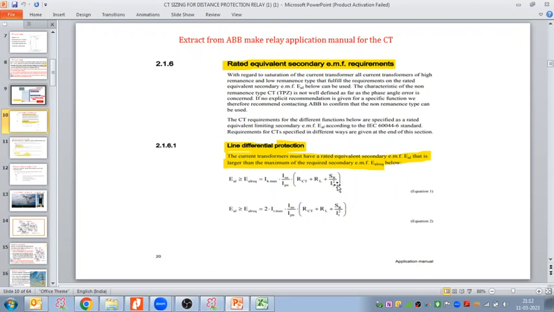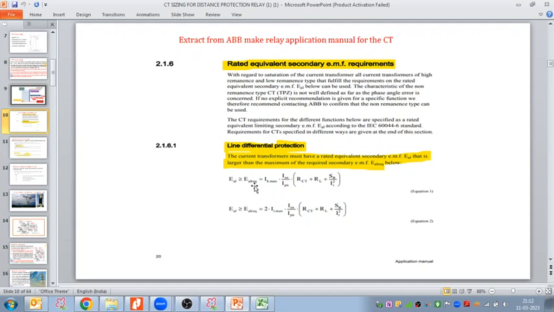They have given equation 1 and equation 2. We have to solve both equations and calculate the knee point voltage for both, and decide the CT knee point voltage or the secondary EMF from the maximum of the two, right? So this we have seen.